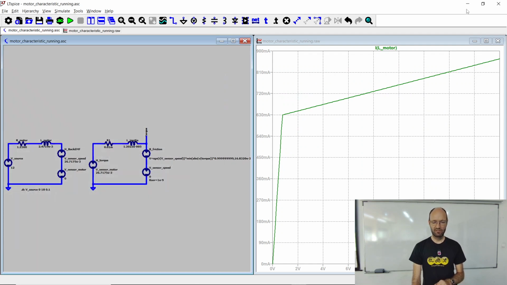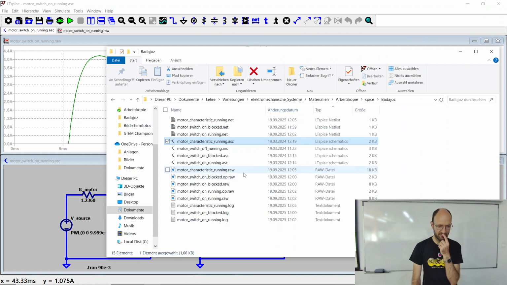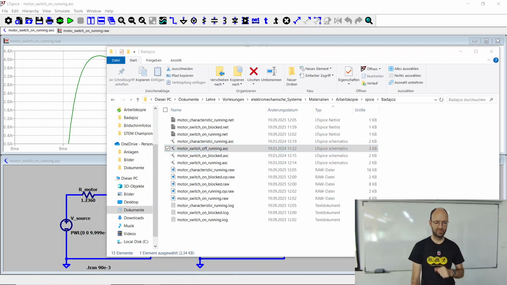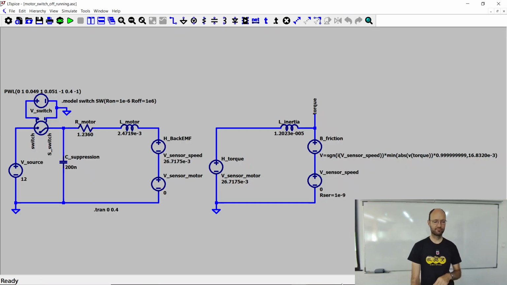Okay, so then the last thing is the switching off of the running motor, which is this model here. And this is now even a bit more complicated.